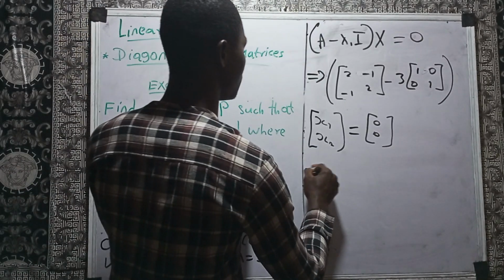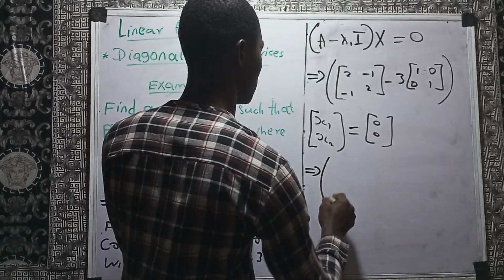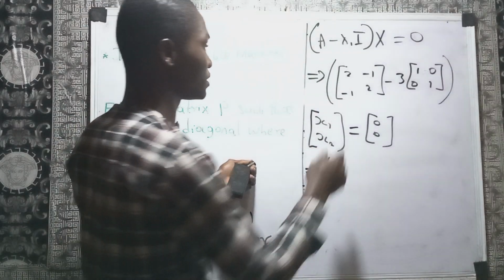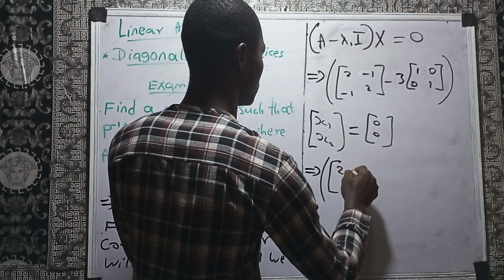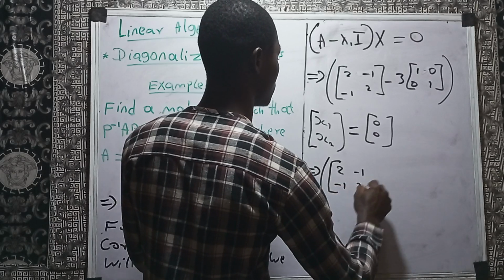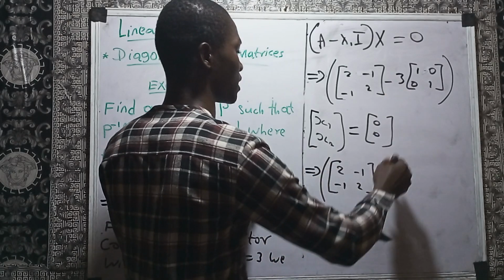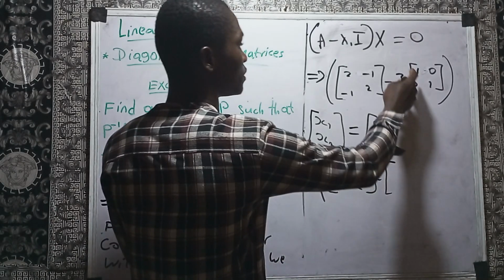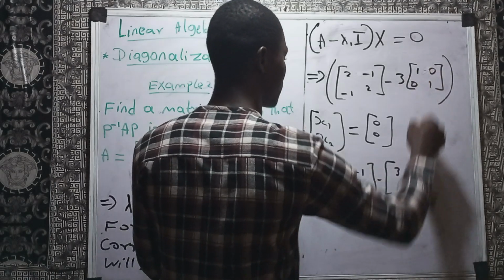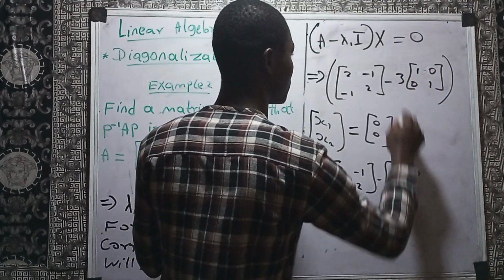So this simply implies, so we have our matrix A, 2, negative 1, negative 1, 2. So let's multiply. 3 multiplied by 1 is 3, 3 multiplied by 0 is 0, 3 multiplied by 0 is 0, 3 multiplied by 1 is 3.